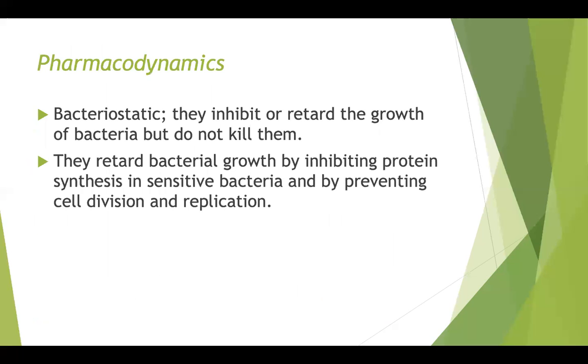For pharmacodynamics, they are bacteriostatic and also bactericidal. They retard bacterial growth by inhibiting protein synthesis in sensitive bacteria and by preventing cell division and replication. So the pharmacodynamics is the same as for the medications that we have previously discussed.